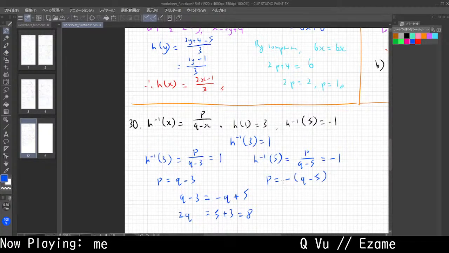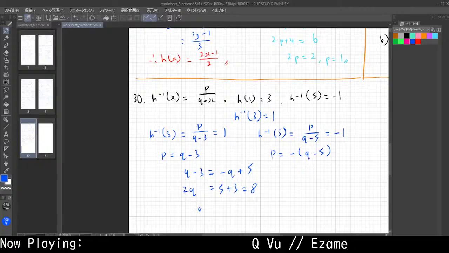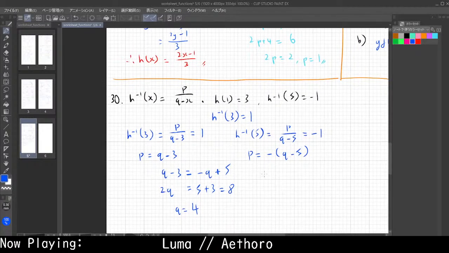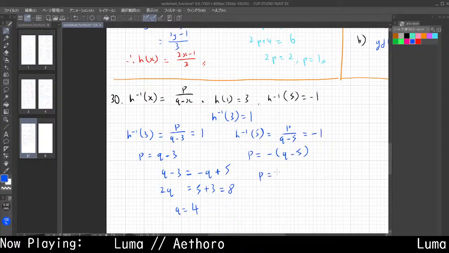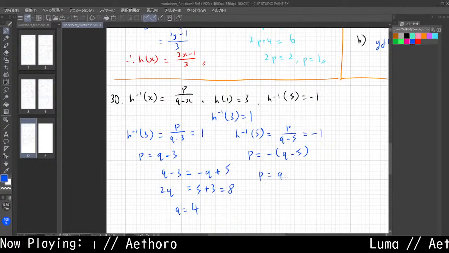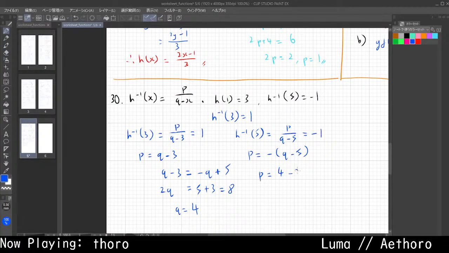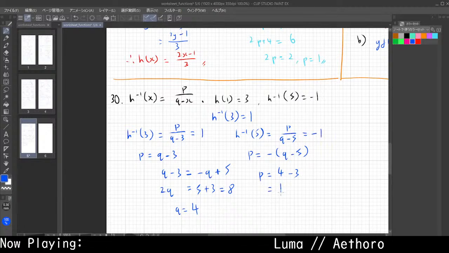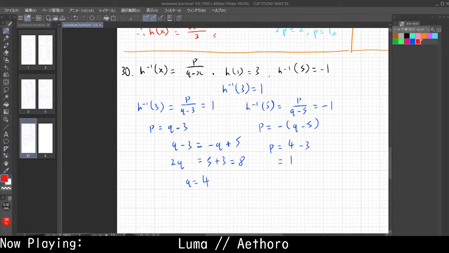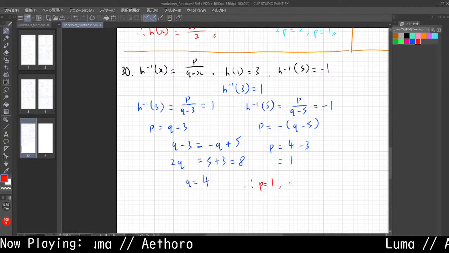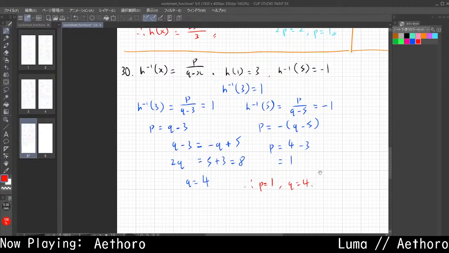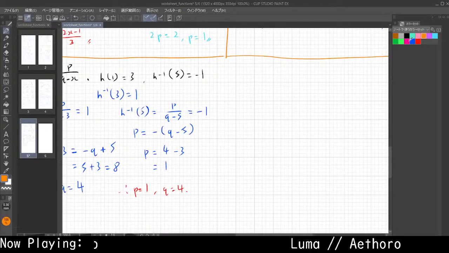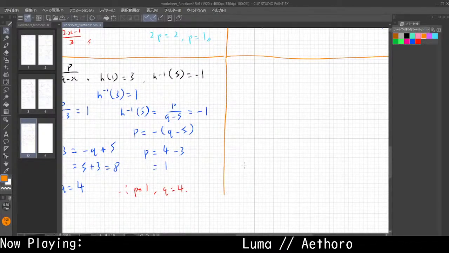So 2q equals 8, therefore q equals 8 divided by 2, which is 4. Then p equals q minus 3, q is 4, 4 minus 3 is equal to 1. Okay, done. You want to be careful, at the end write p equals 1, comma q equals 4. Okay, done. 31.